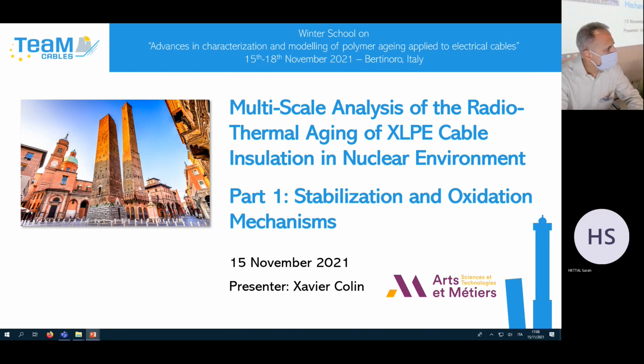And my colleague, Sébastien Roland, who is also from Arts-et-Métiers in Paris, France, will present a second part on the consequences of the oxidation mechanisms on the structure at upper scale. So the consequences on physical and mechanical properties.